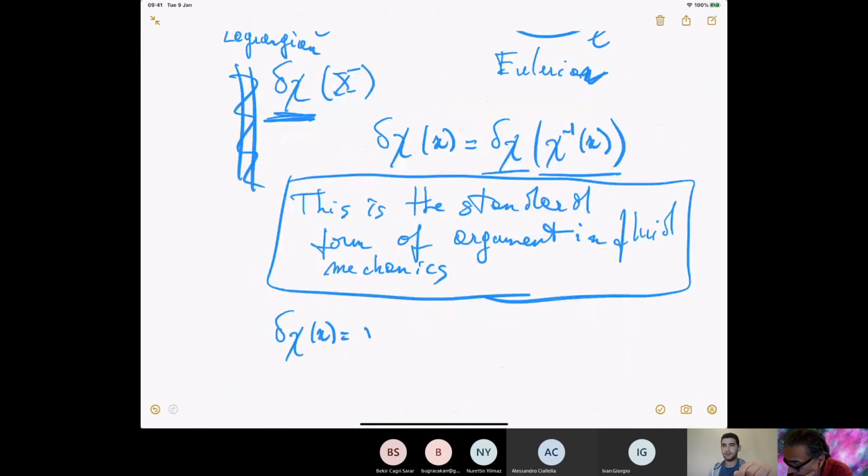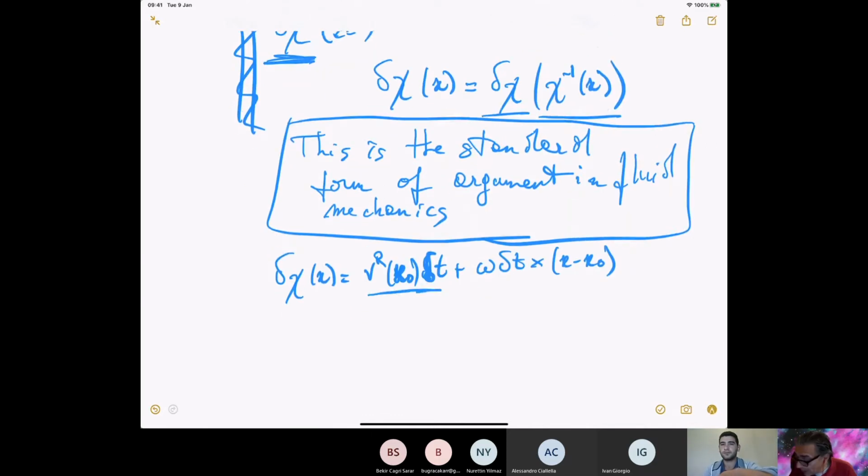So I have V rigid of x0 dt, delta t, plus omega delta t vector x minus x0. So this we can call delta displacement of x0, and this is delta theta, function of t.